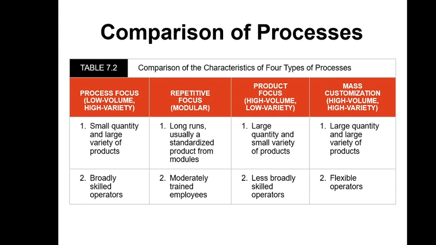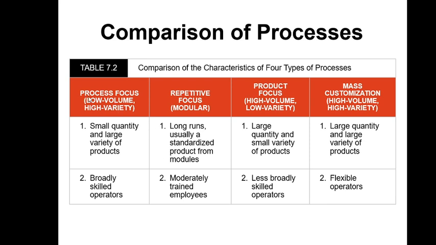Now these tables that we are going to discuss in 3 or 4 slides will be a summary for you to differentiate between the 4 types of process strategies. Just take a look at it, and I will concentrate only on some points which I think will be really important for you to explain in order to understand it well.